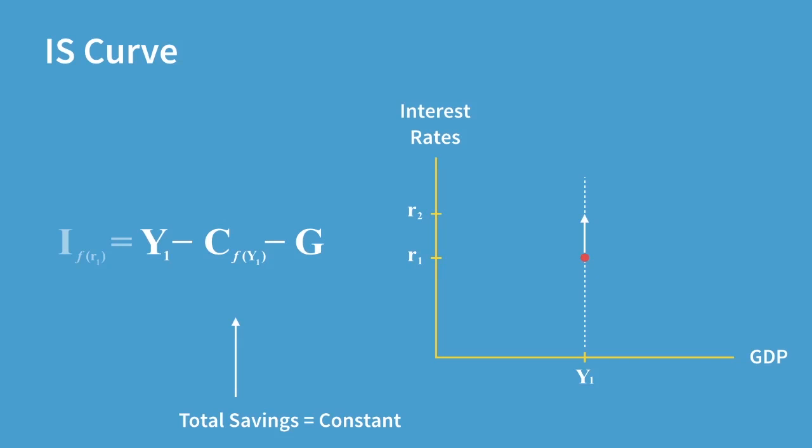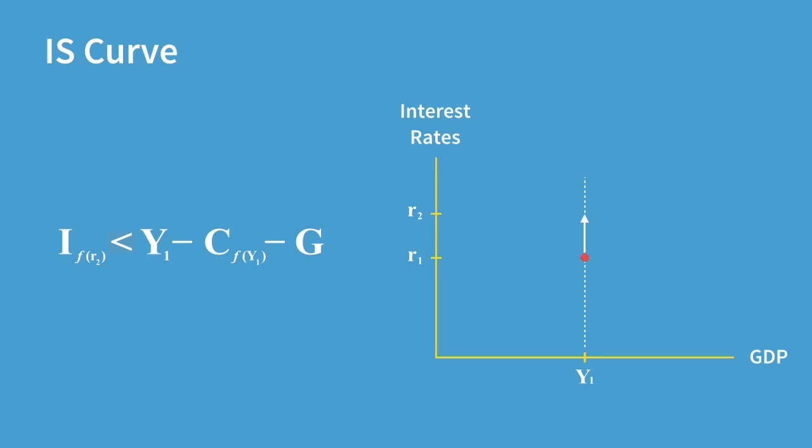If from there we raise interest rates beyond R1 up to R2, then because investment capital is more expensive, our level of investment will go down. So now, our equality no longer holds. Investment is less than savings. So this point at an interest rate of R2 and output of Y1 cannot be on our IS curve.